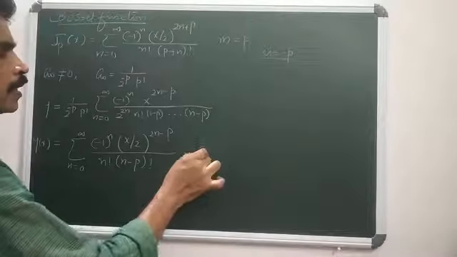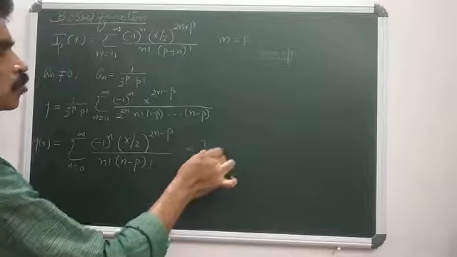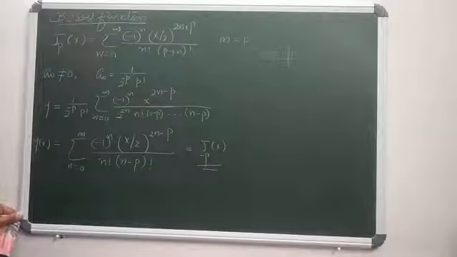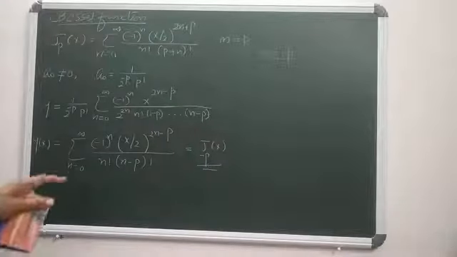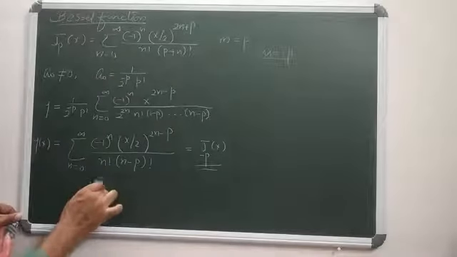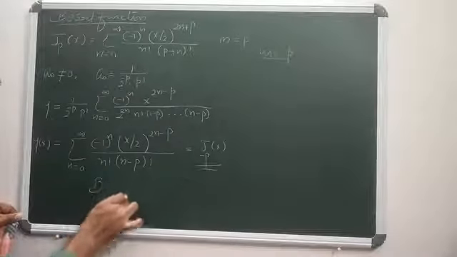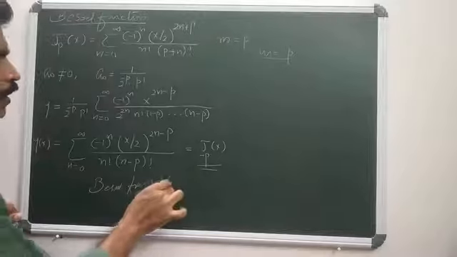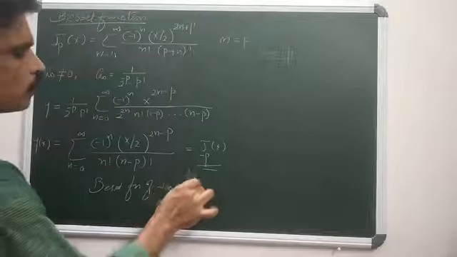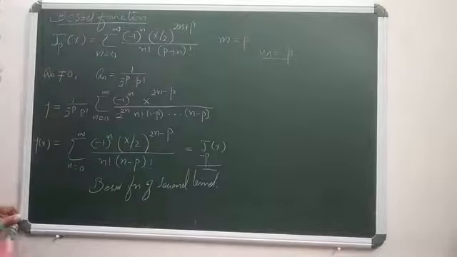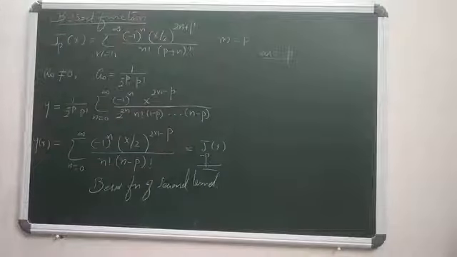This can be rewritten as J minus p of x. So this is called the Bessel function of second kind, that is J minus p of x. J p of x is the Bessel function of first kind, and J minus p of x is said to be the Bessel function of second kind.